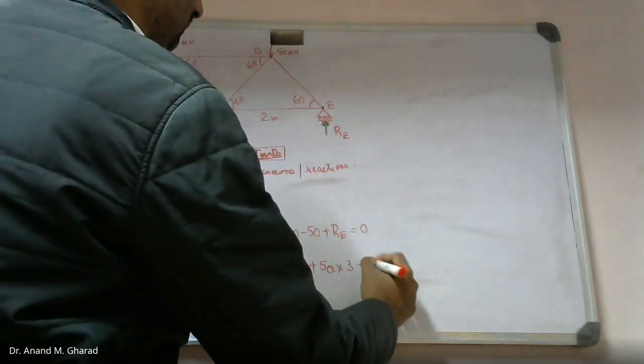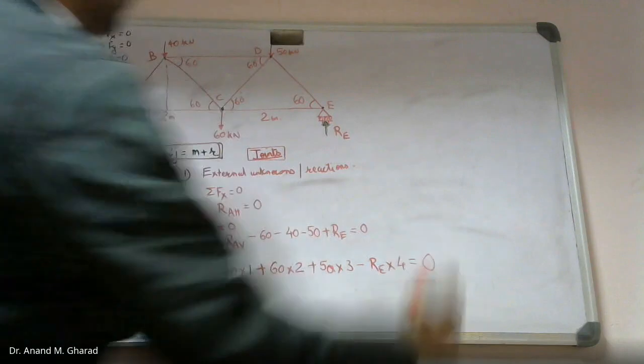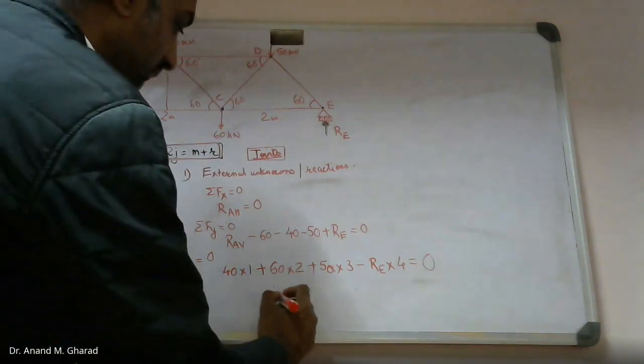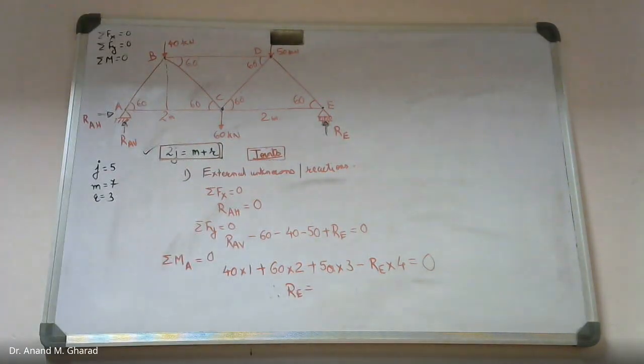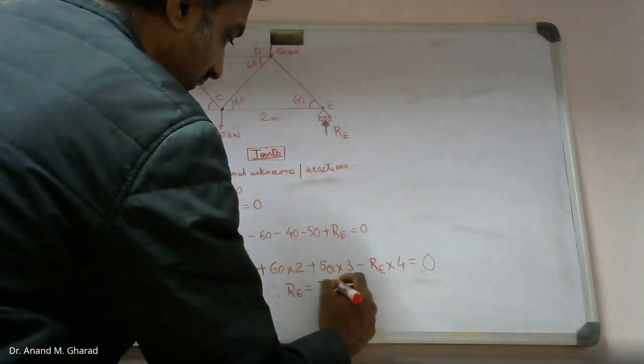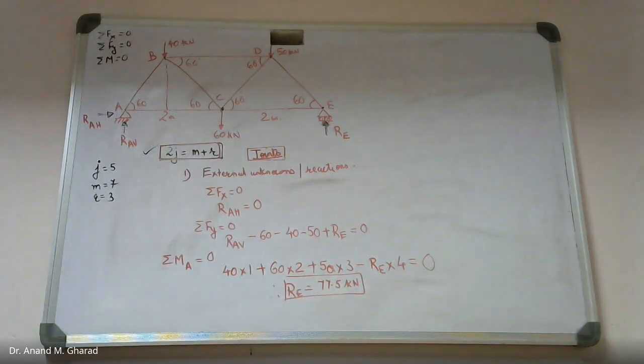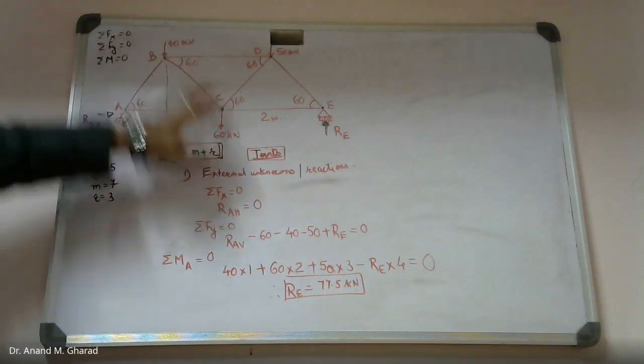Check once if it is correct. Therefore RE comes to 77.5 kilonewton. Don't forget to mention the unit, and whatever units are given in the numerical, those are to be represented.